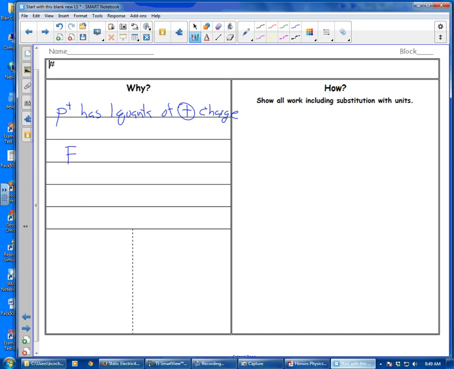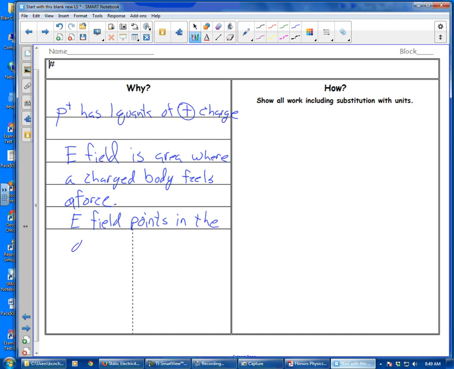And then an electric field, the next thing I would make sure I had in there showing my understanding of an electric field, it is an area where a charged object or body feels a force, and the electric field points in the direction a positive charge feels a force.